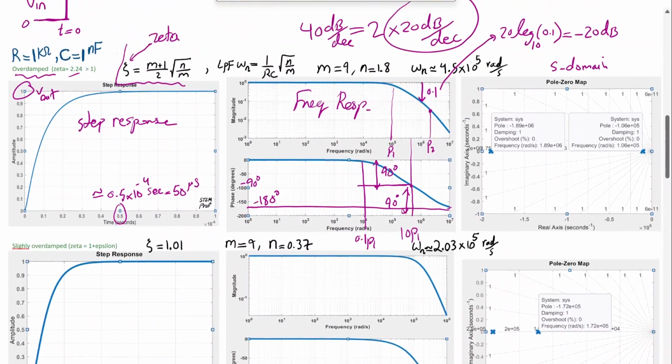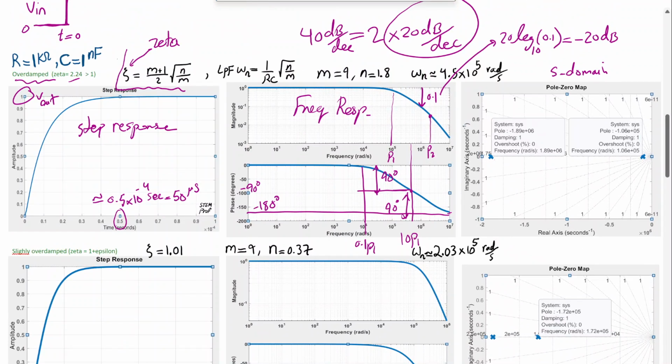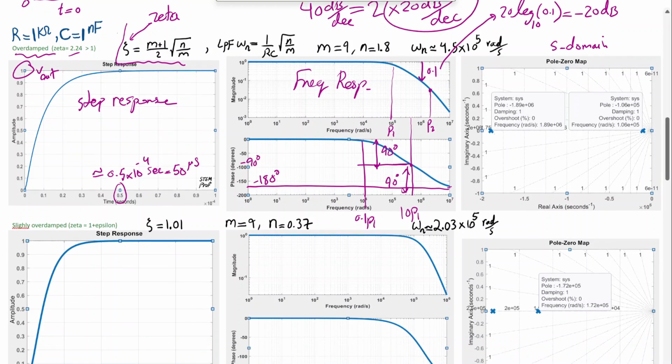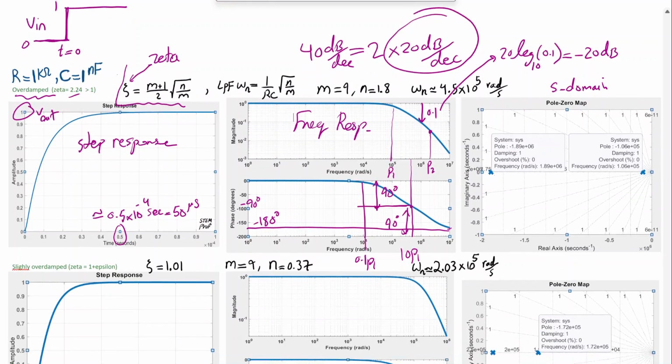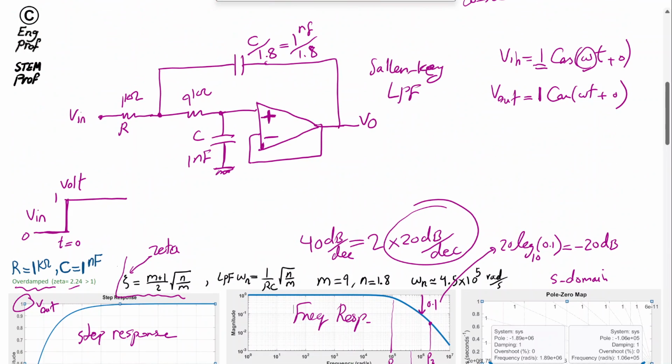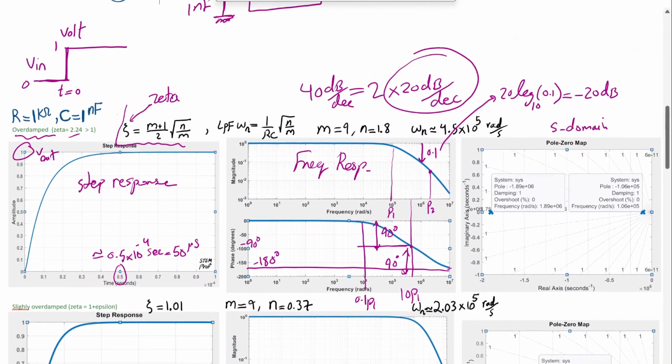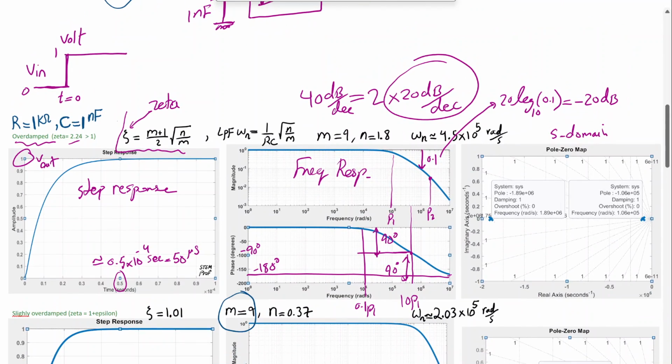If we just adjust the M and N while keeping R at 1 kilo ohm and C at 1 nanofarad, we keep the circuit as it is. I'm going to keep M as 9, but the only thing I'm changing is N. Instead of 1.8, it is reduced to 0.37.